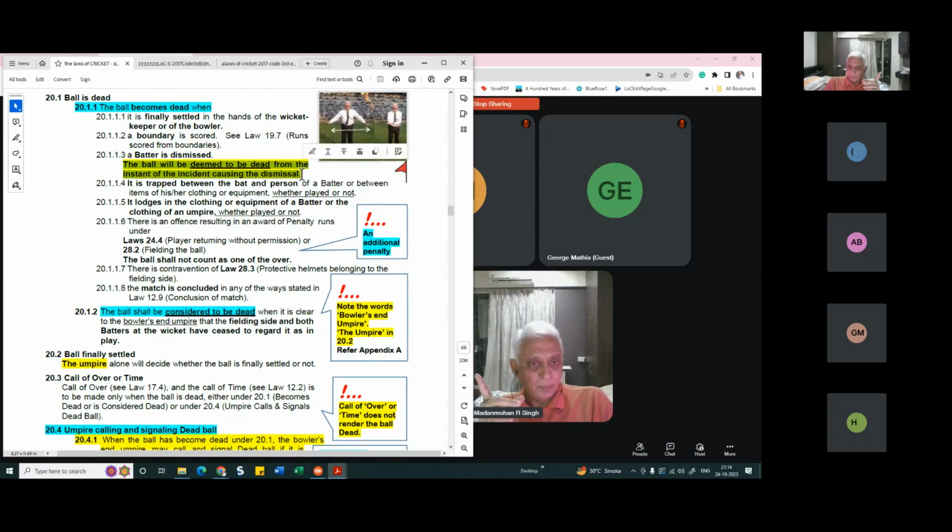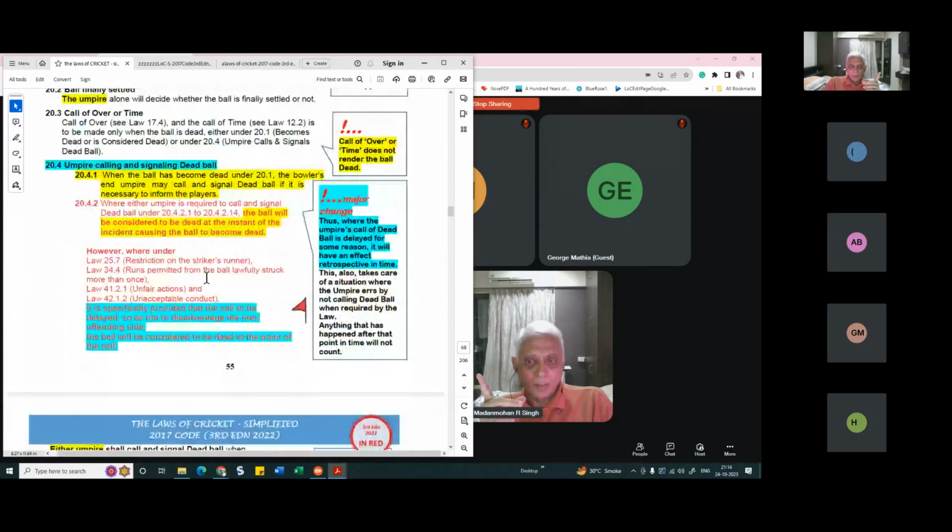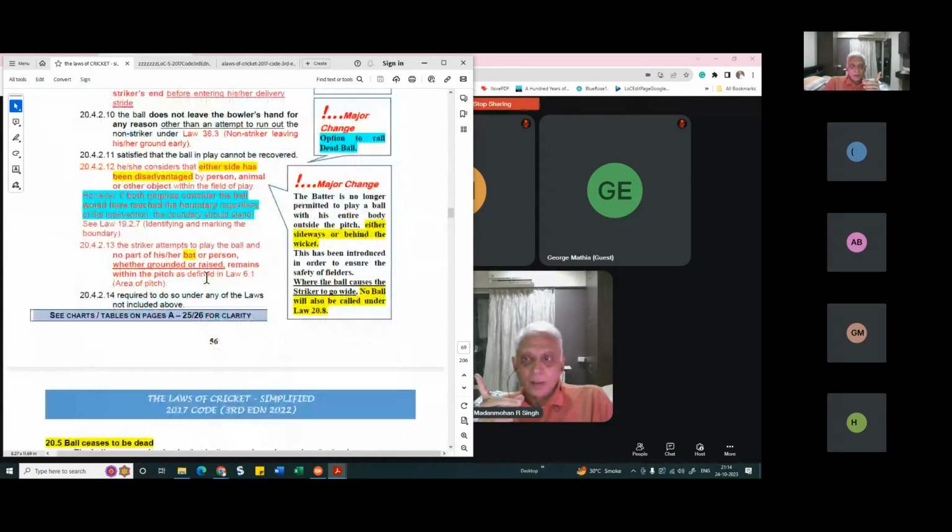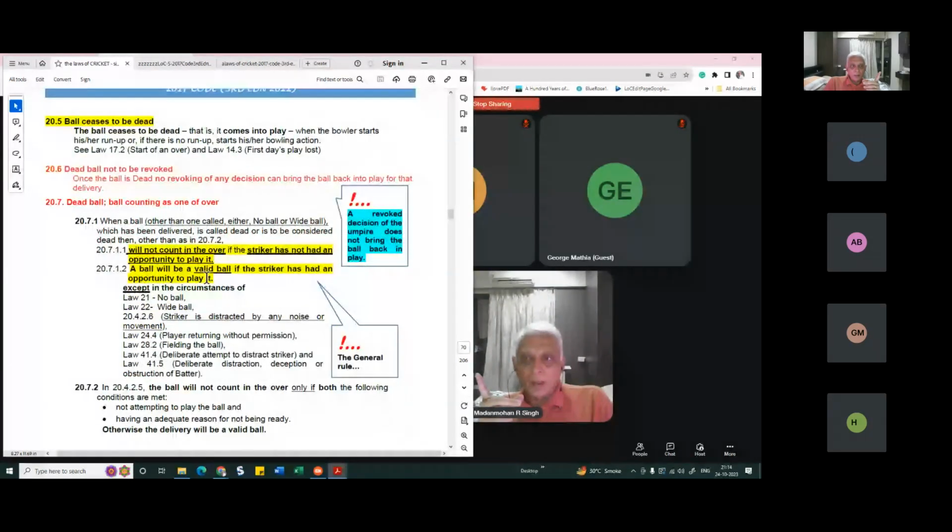That is one. Are we clear about that? And secondly, even if I change my own decision or the third umpire changes my decision, that ball will not come back into play for that dismissal, for that delivery. So that run out effort will not be counted at all.